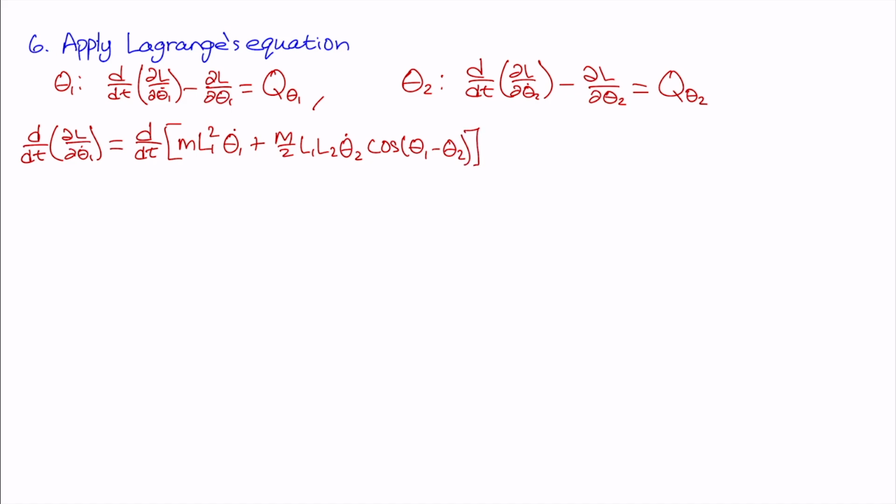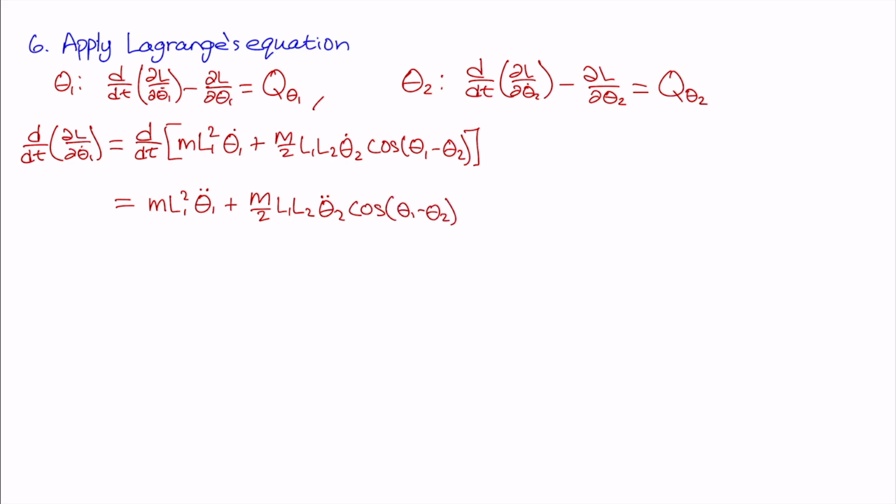And we can now take the derivative with respect to time. The first term is going to just give us theta 1 double dot, so we're going to get m L1 squared theta 1 double dot. The second term we're going to have to do a product rule. So we're first going to have m over 2 L1 L2 theta 2 double dot times cosine of theta 1 minus theta 2.